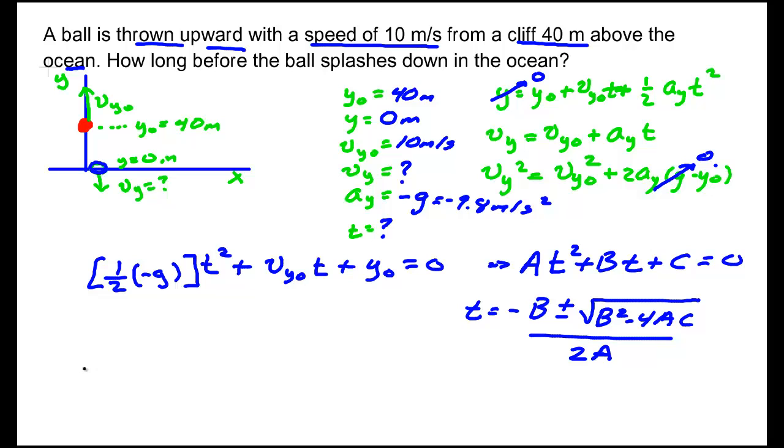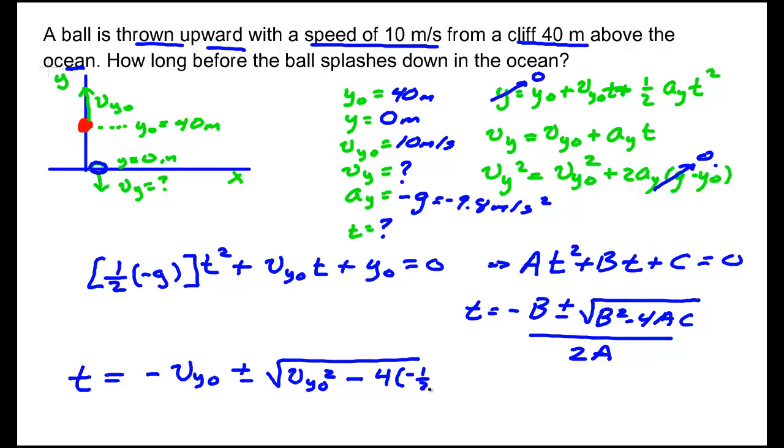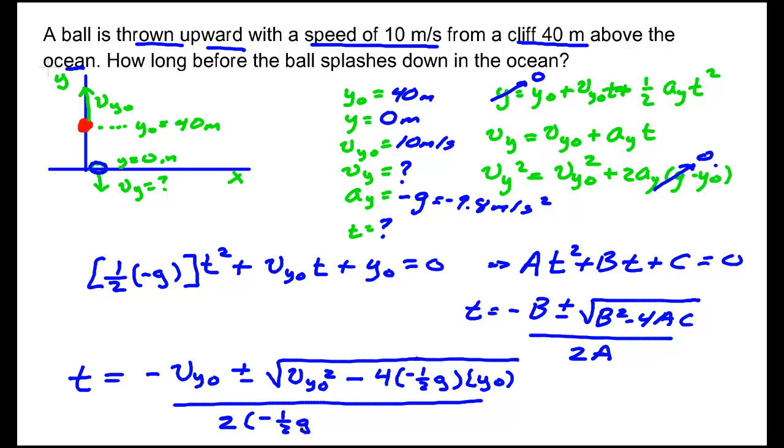So my solution should be t is equal, well, b, that's this term right here, minus vy naught plus or minus the square root of vy naught squared minus 4 times minus 1/2 g times c, which is y naught, all of that over minus 2 times minus 1/2 g.